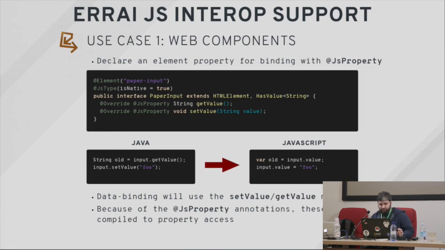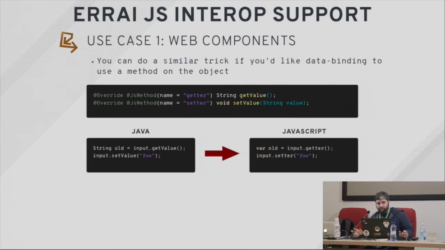So that shows you one way that you can use HasValue and some JS interop to bind to a web component. But we'll go over a couple different tricks you could do for different kinds of APIs. Suppose you're working with a web component where you do need to bind to methods, but those methods have different names.